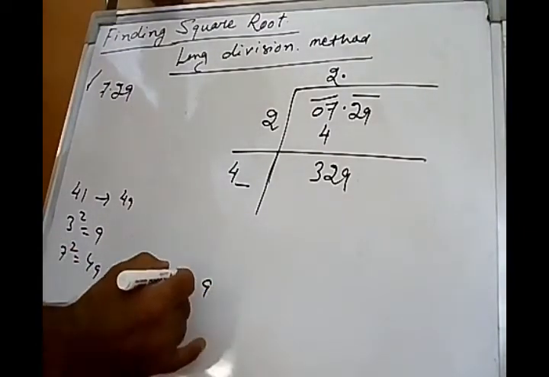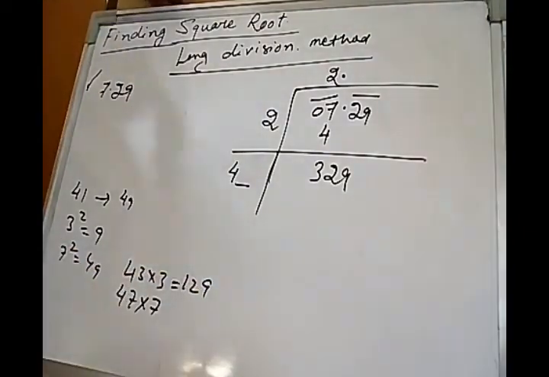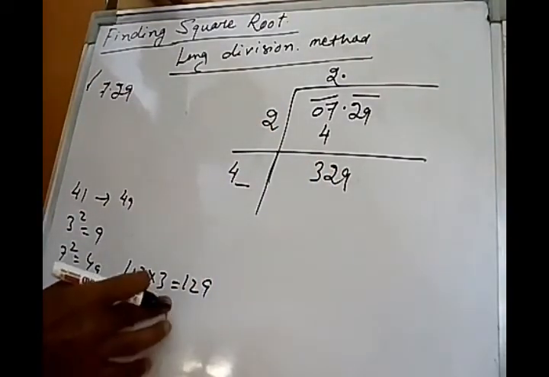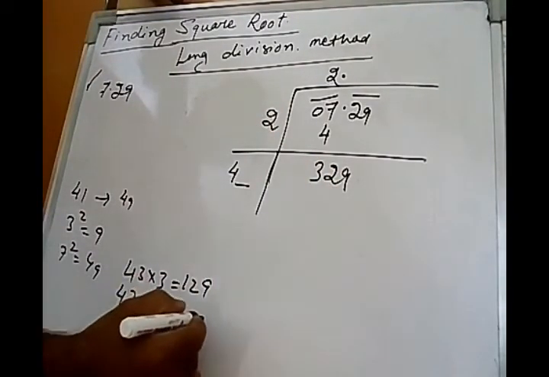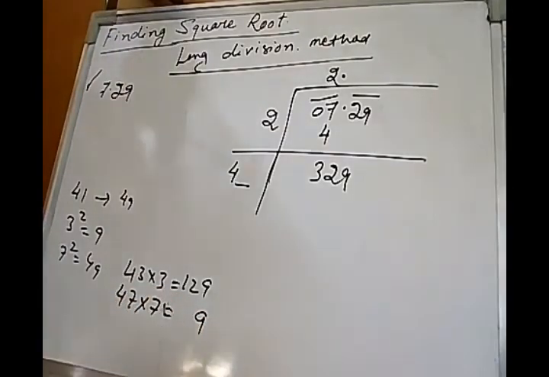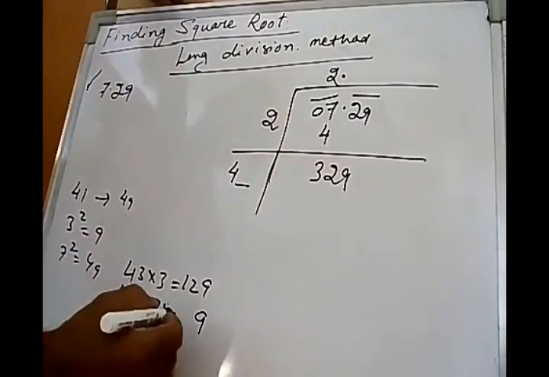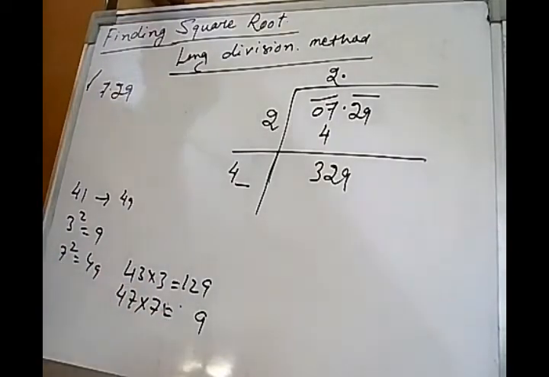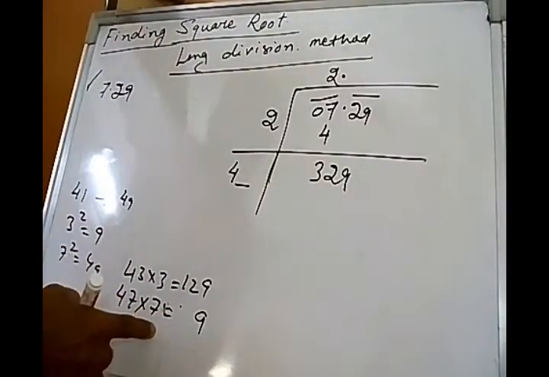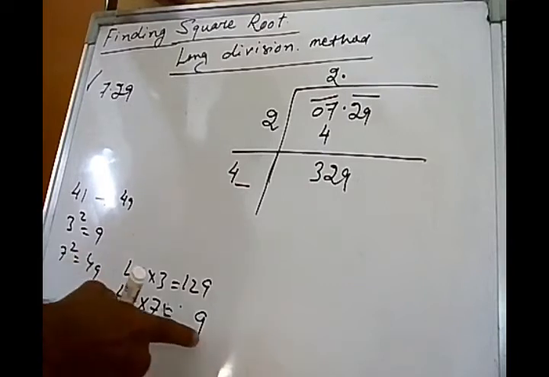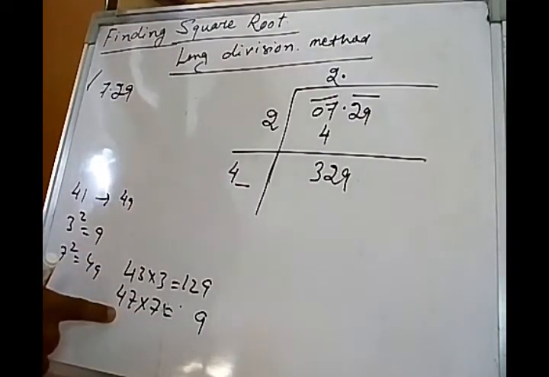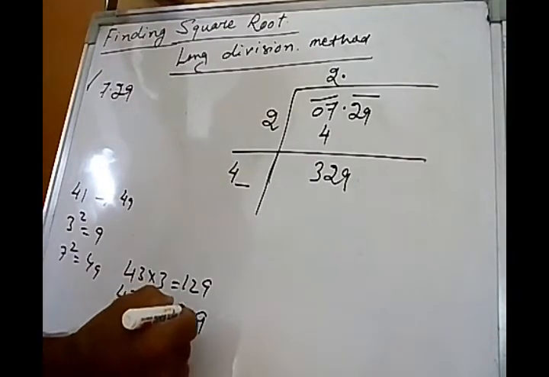3 3s are 9, 3 4s are 12, 129. So here we want 329. So to multiply by 7: 7 7s are 49, 9 carry over 4, 7 4s are 28, 4 is 32.